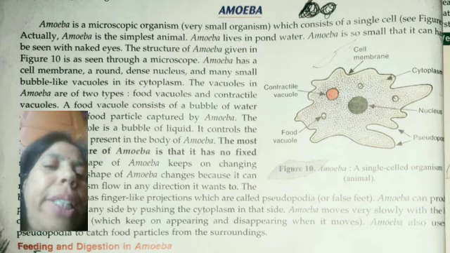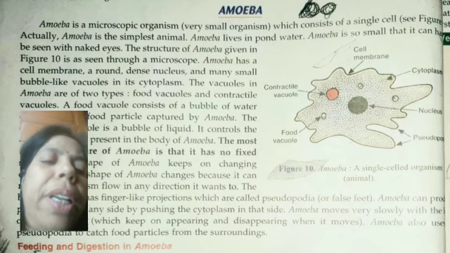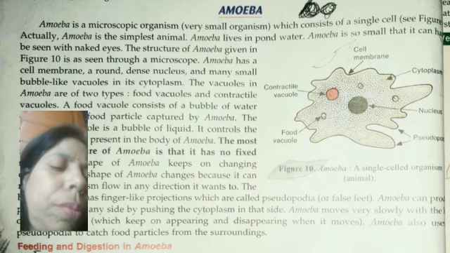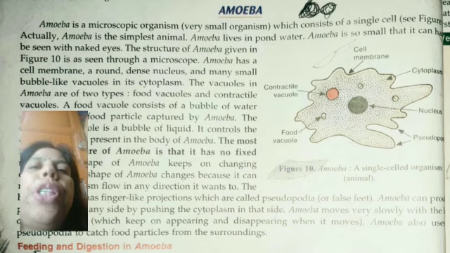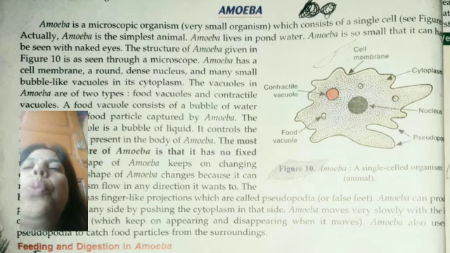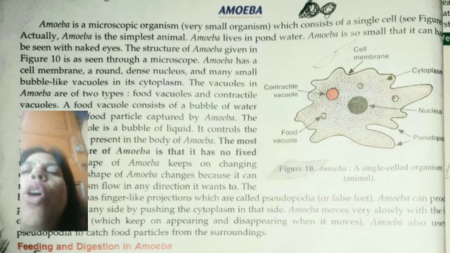When a food particle comes near the amoeba, it produces two pseudopodia around the food particle and surrounds it. The two pseudopodia then join around the food particle and trap it with a little water, forming a food vacuole inside the amoeba.